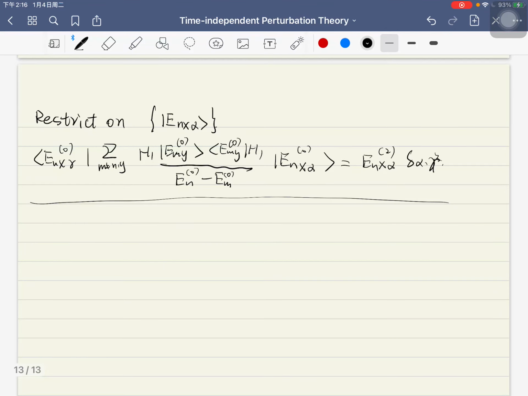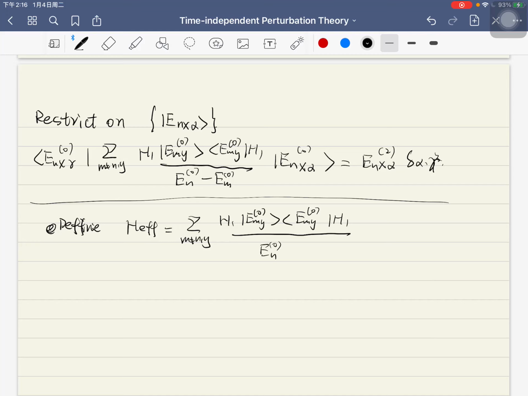So we can define the effective Hamiltonian equals to... this is the formula of the second order perturbation theory, the effective Hamiltonian.